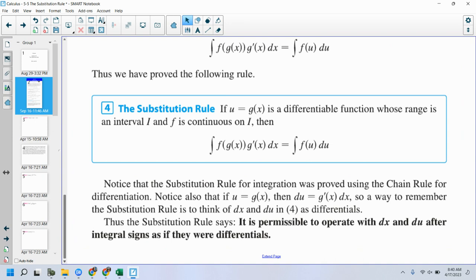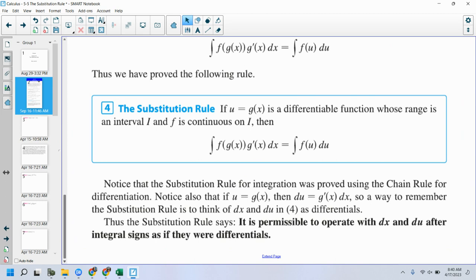All right, so here's the substitution rule. We say that if u equals g of x is a differentiable function whose range is an interval I, and f is continuous on I. So basically, it exists within the interval you're looking for, or it exists everywhere.